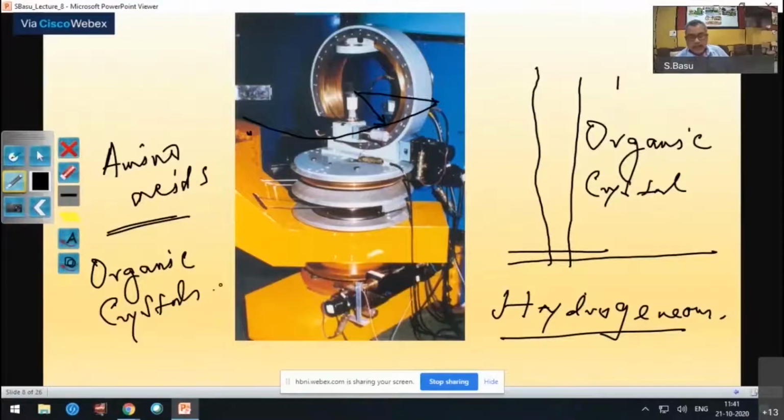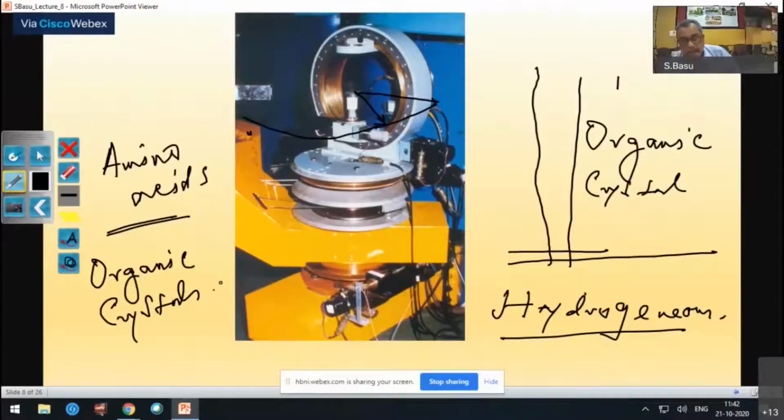Of course, I must tell you that when you go to protein crystals, you have to go to a synchrotron, and neutron is not of much help. So the structure of proteins can be done using X-ray crystallography at a synchrotron source, but large organic crystals can be studied using single crystal neutron diffraction.